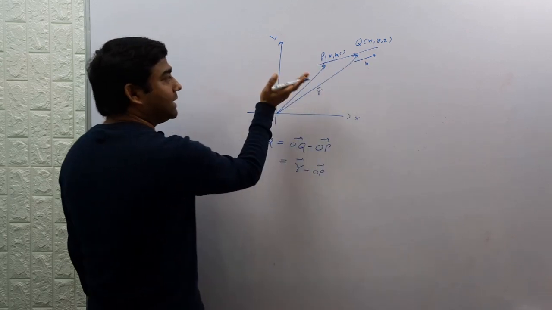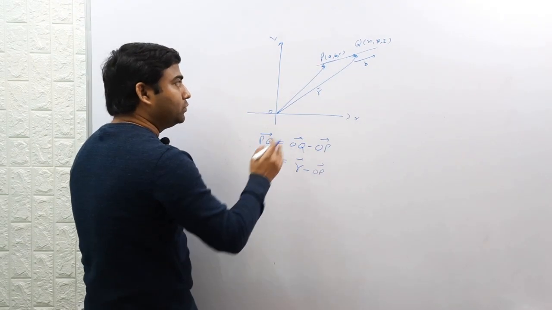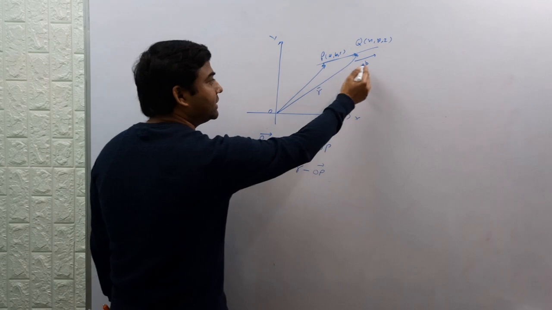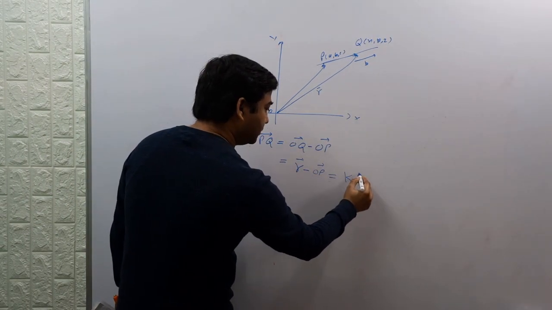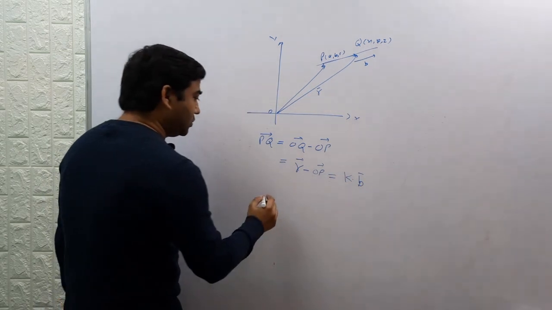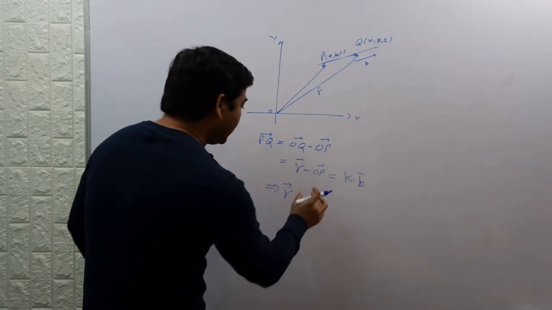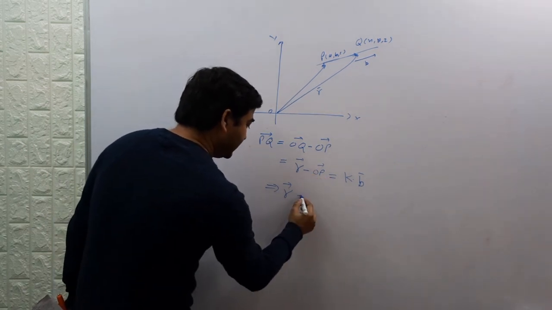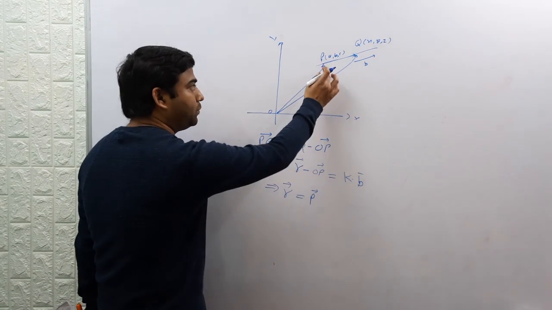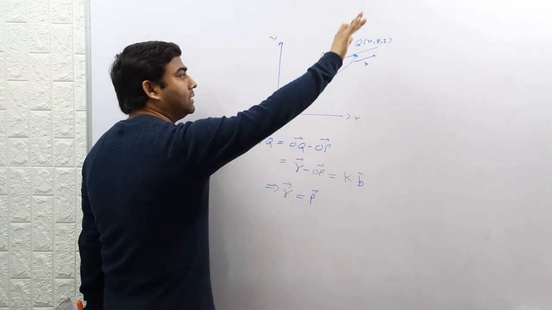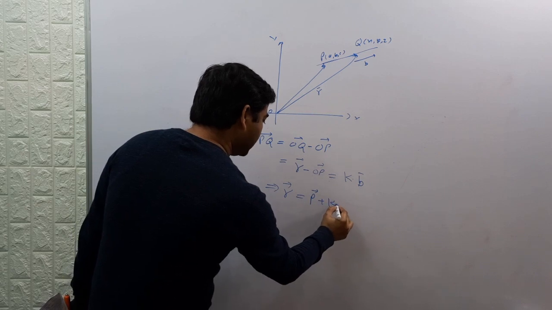Vector PQ lies on the line, which is parallel to vector B. So we can represent vector PQ in terms of B, that is, some constant K times B. So the equation of the line will be R equals P plus KB, where OP is denoted as vector P, the position vector of the point through which the line is passing.